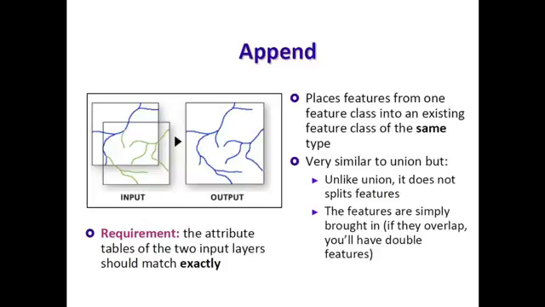So in this case, if you had an area where there was a stream in one layer and you were adding in another, you'd end up with two separate stream lines in it. With append, your attributes have to be exactly the same. Your attribute tables have to be exactly the same. So it's a little bit rigid.